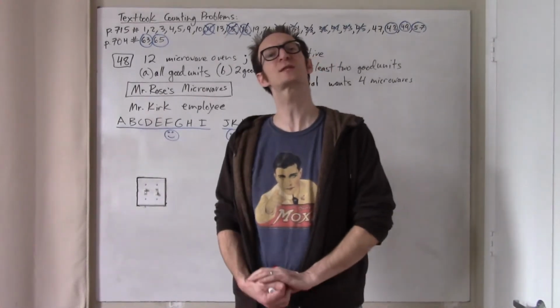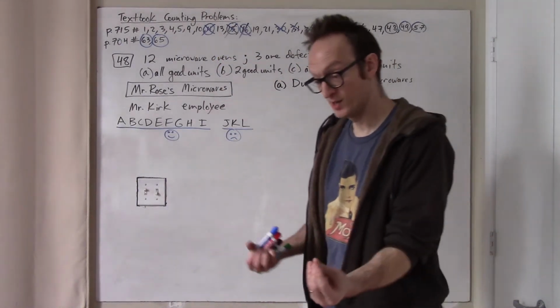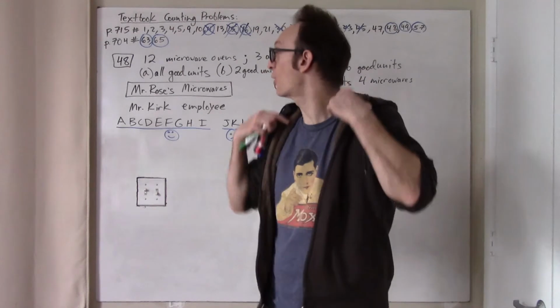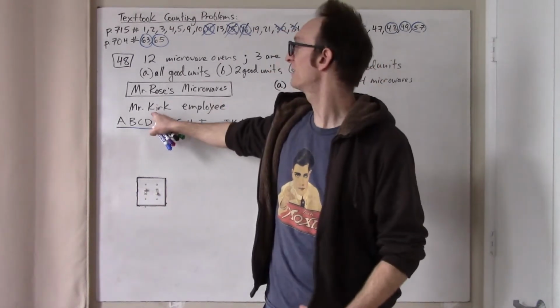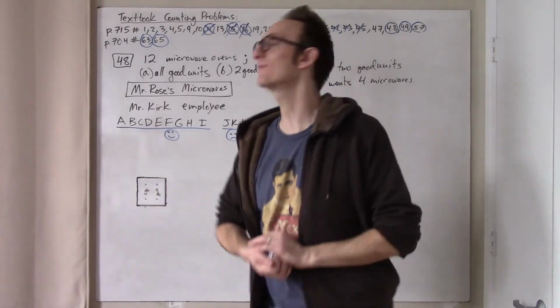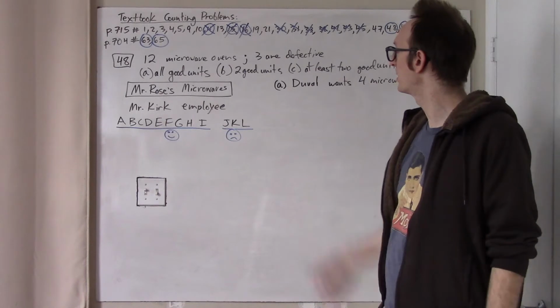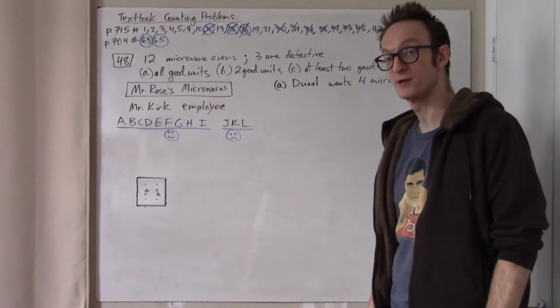So I've now rewritten this problem as, how many ways are there for me, the crooked business owner, to send my lackey, Mr. Kirk, down to the basement to fill this order of microwave ovens for Mrs. Duval, assuming that we are going to give her good microwaves.